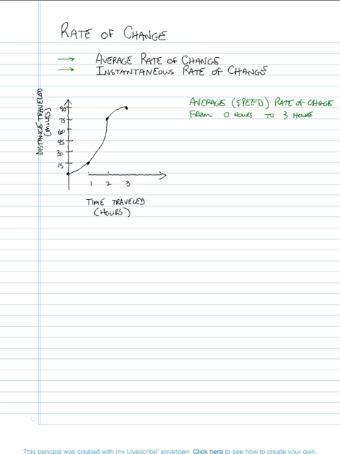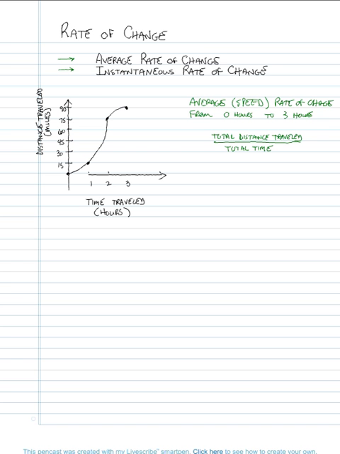We would find the total distance traveled and divide that by the time it took to travel, the total time.